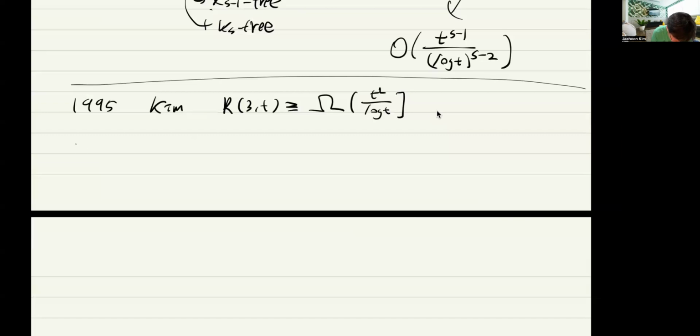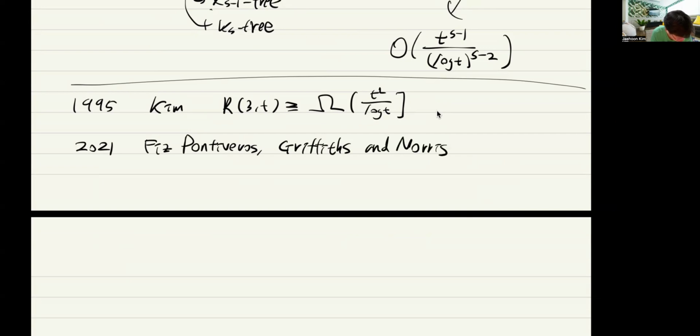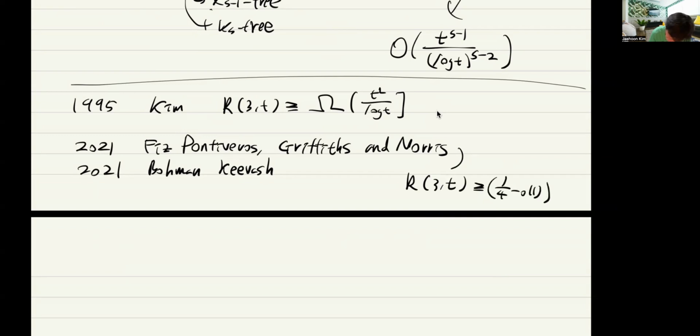And the best known bound is by groups of people. So Fiz Pontiveros, Griffiths and Morris in 2021, and independently Bohman and Keevash, they proved that R(3,t) is at least (1/4 - o(1)) t squared over log t.